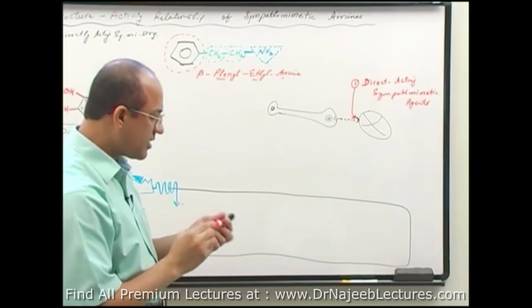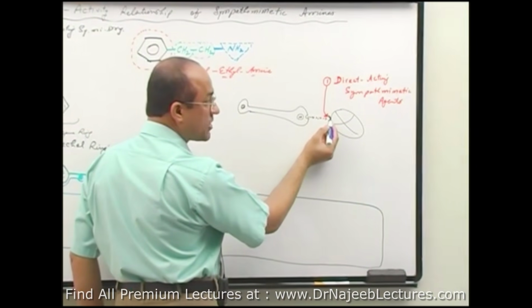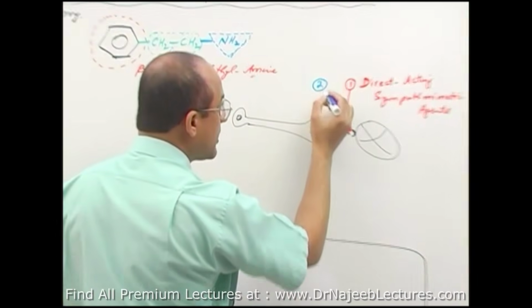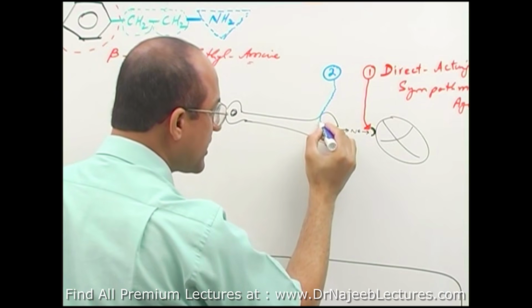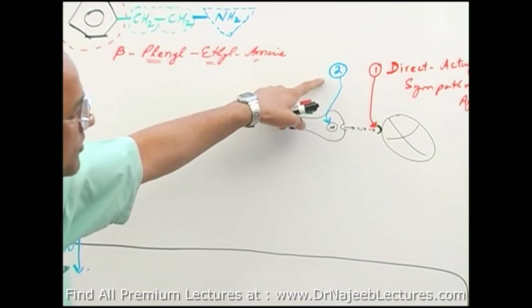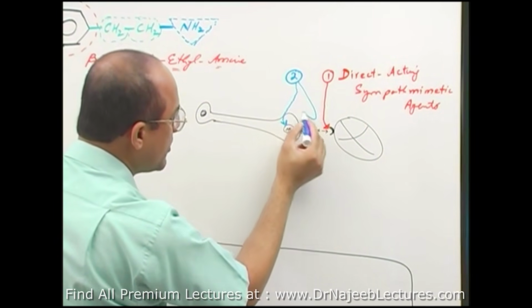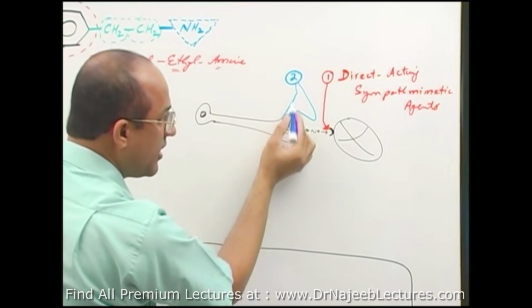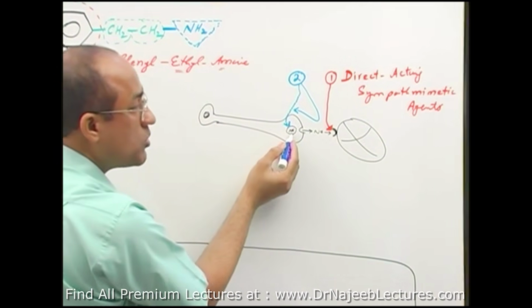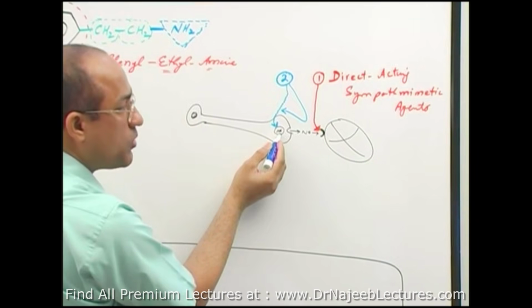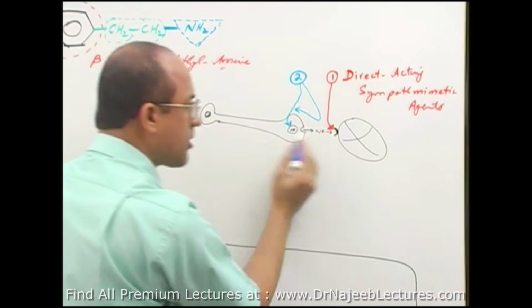Opposite to that, there is another group of drugs which do not bind with the receptors properly, but these drugs are taken up by the sympathetic nerve endings. This is the second group of drugs, which do not bind with the receptors well, but they enter into sympathetic nerve endings, go into neurotransmitter vesicles and increase the release of norepinephrine.